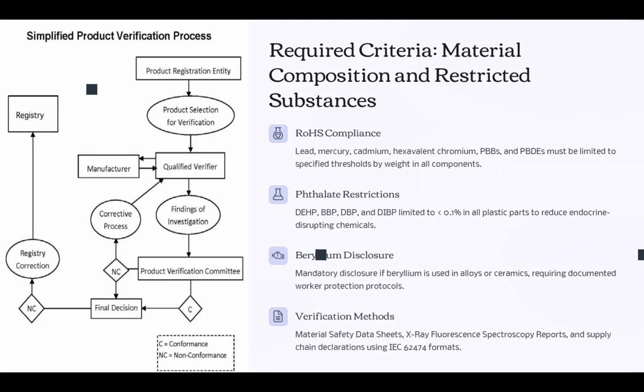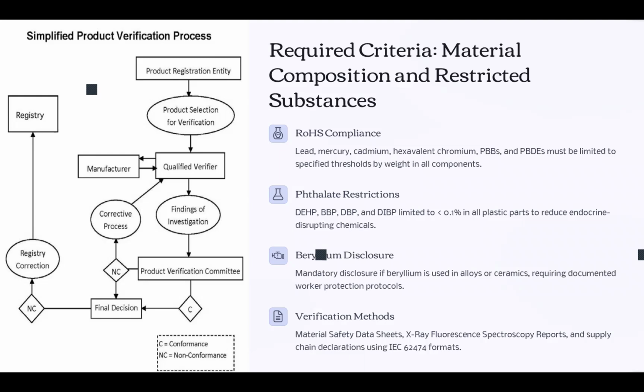These limits usually follow the RoHS guidelines, which are required by law in many countries. If a product uses beryllium, say, in ceramics or alloys, the manufacturer has to declare it and show safety protocols for workers.